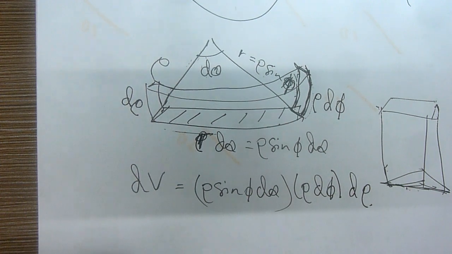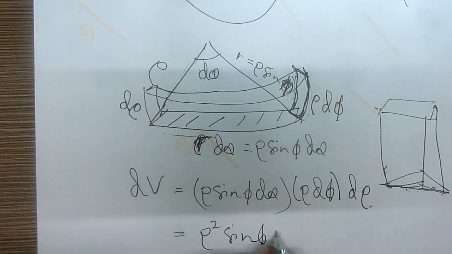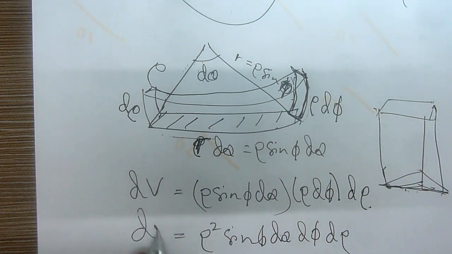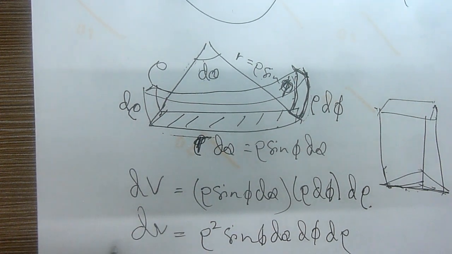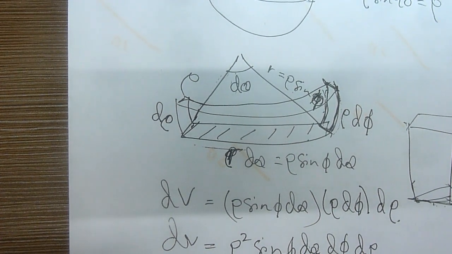Organize back, you will get d theta d phi d rho. Done. Now you know the formula already. You can create your own.